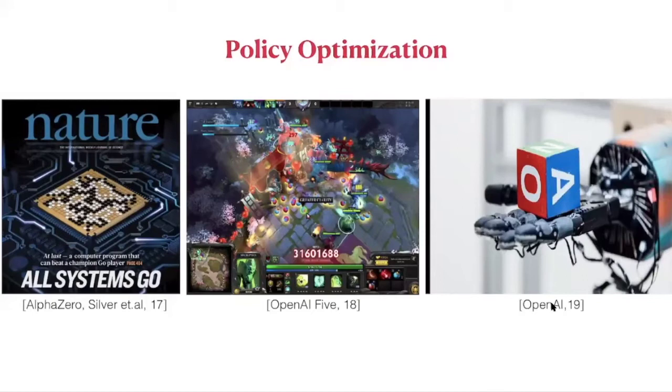One of the reasons is that policy gradient is robust. Like the example that we have seen in conservative policy iteration, policy gradient is robust in the sense that it gives you monotonic improvement, right? This is always a very nice property to have in practice.